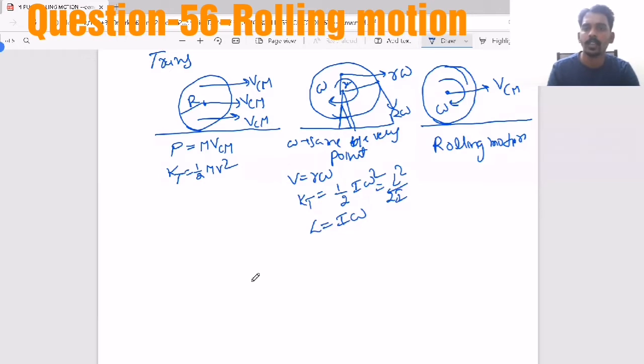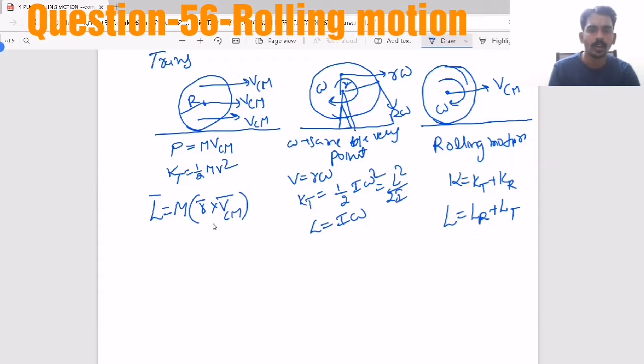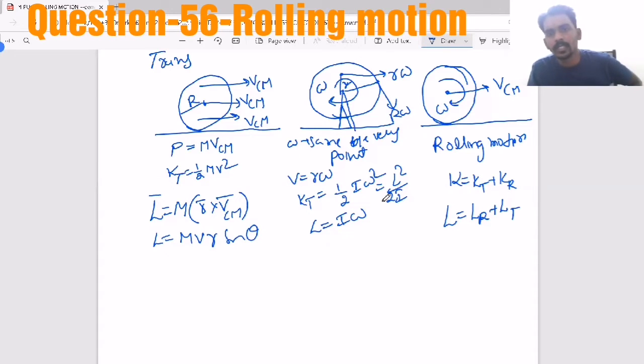But in rolling motion, as it is performing both, the total kinetic energy will become translational plus rotational, and total angular momentum will become rotational plus translational, where the translational angular momentum is m into r bar cross vcm bar. Here r bar is the position of the center of mass with respect to the reference point, so L equals m v r sin theta. If you combine both these equations, that will give rolling motion.